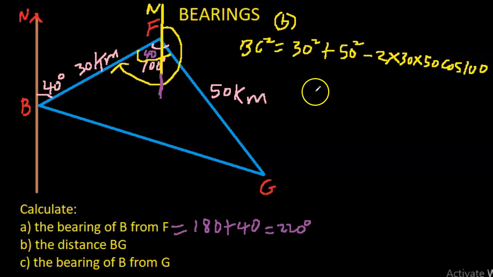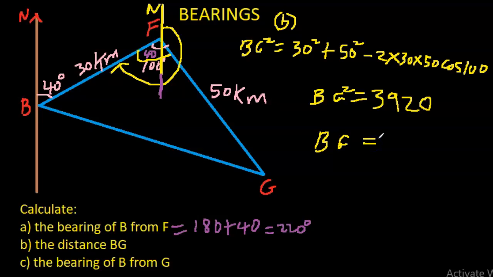So BG square would be equal to 30 square plus 50 square minus 2 times 30 times 50, cos 100. In a calculator, I get 3,920. Which means that BG will be the square root of 3,920.